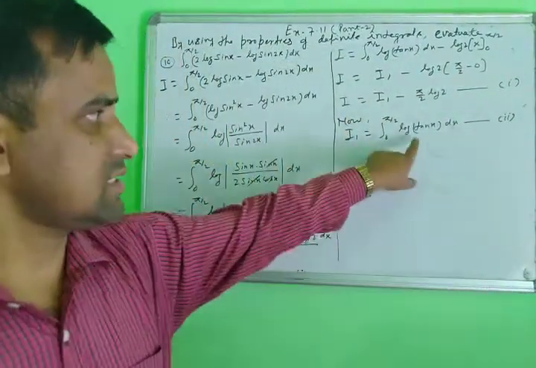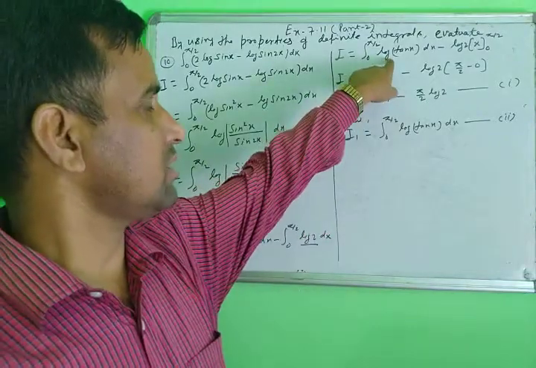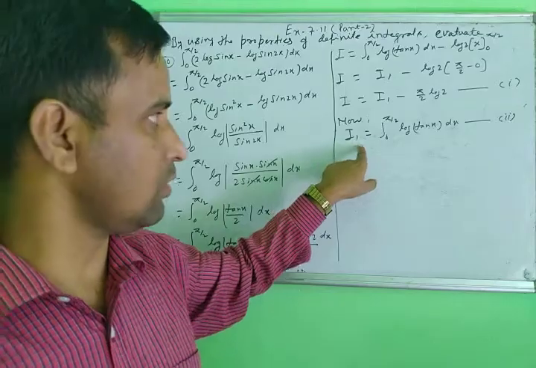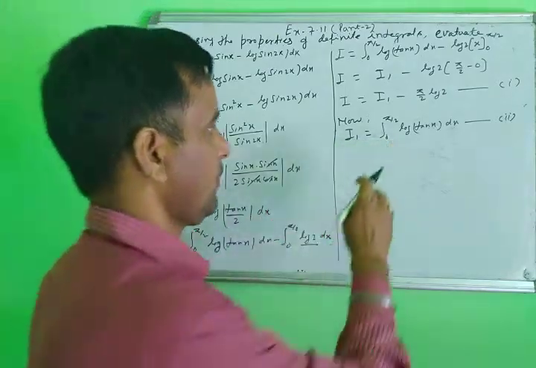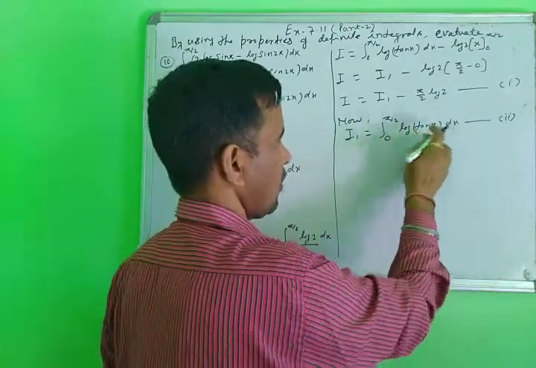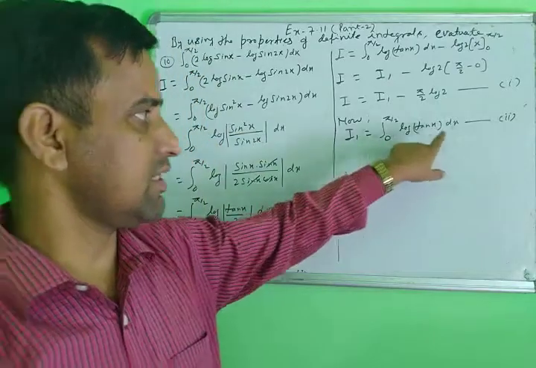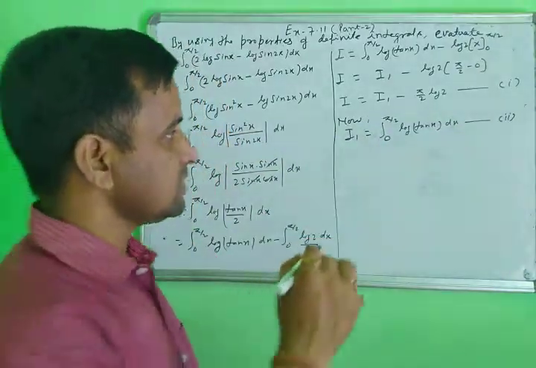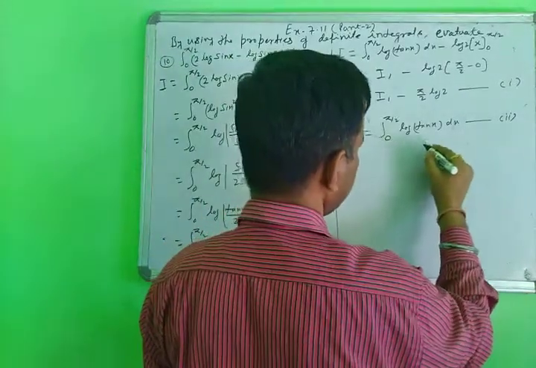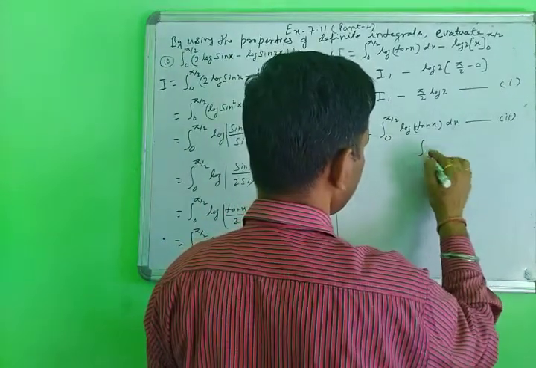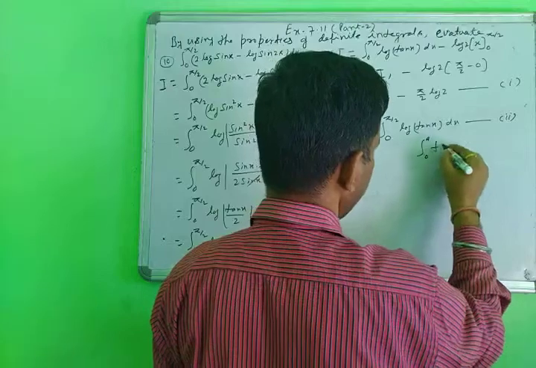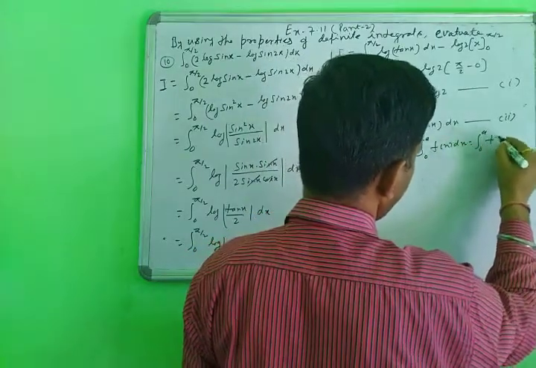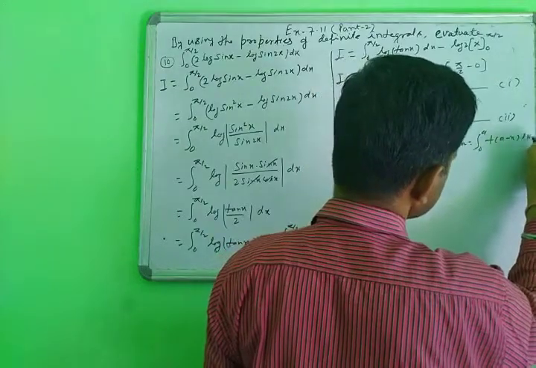I have assumed this portion to be I1, and we solve this portion, the integral from 0 to pi by 2 of log tan x dx, separately. This is the second equation. Then we use the property: integral from 0 to a of f(x) dx equals integral from 0 to a of f(a minus x) dx.